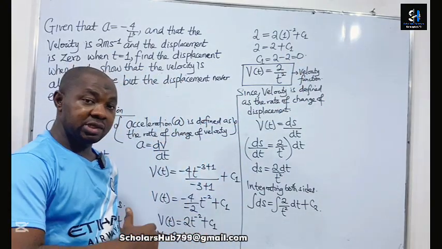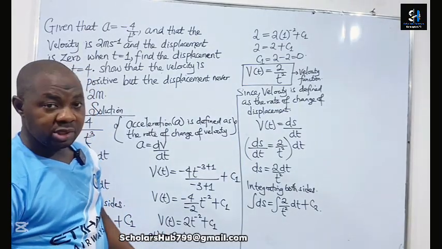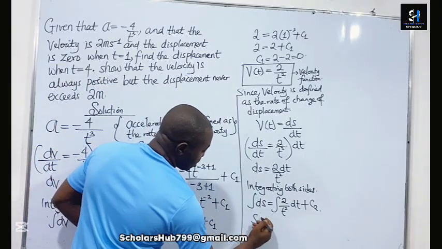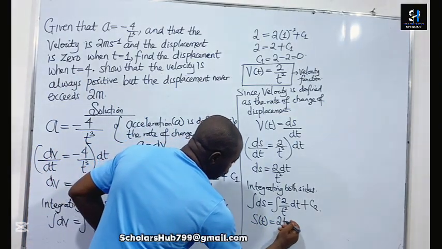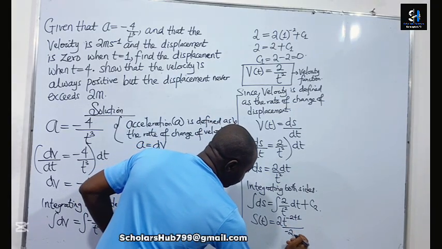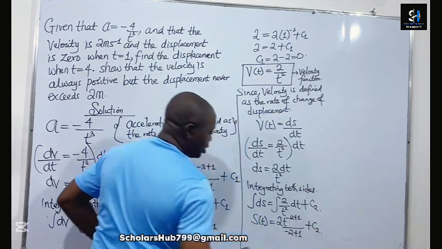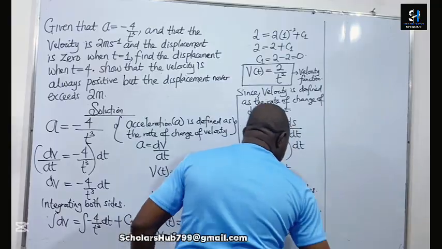Since we are integrating again, it will now be c2, because it won't be the same value. So this will be the displacement function s equals 2t raised to the power of minus 2 divided by minus 2 plus 1, then plus c2, which is the second constant of integration.